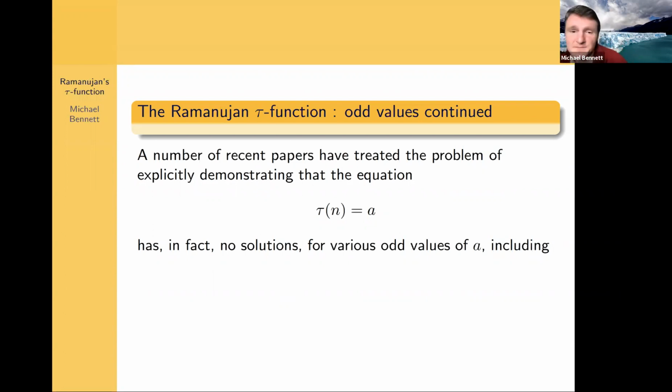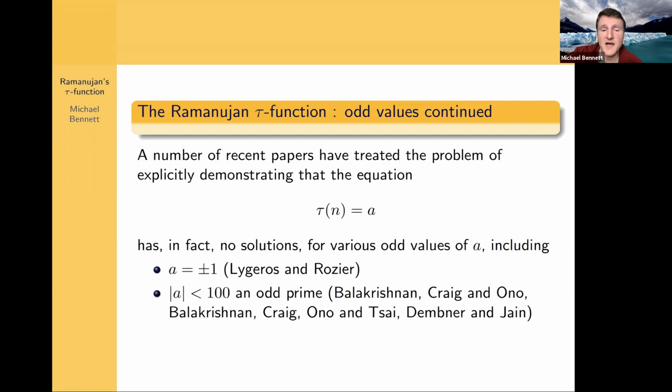So recently, there's a number of papers solving such equations explicitly, actually showing there are no solutions for small odd values of A. The first I've seen of this, and other people have noticed this, is mentioned, at least the argument is there. Not all the details are filled in, but it's by Bilu, Gillibert and Rosier, who showed that there are no solutions for tau being plus or minus 1.